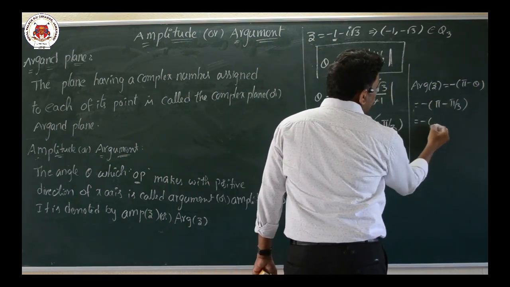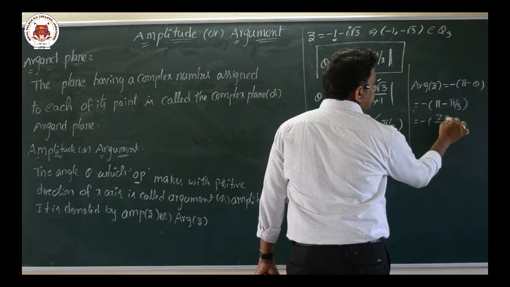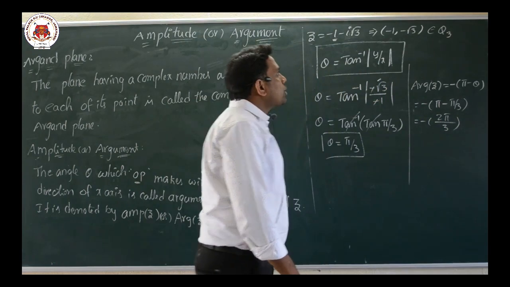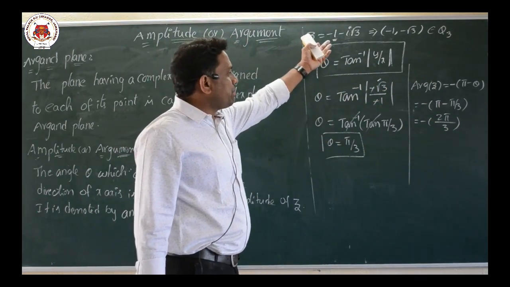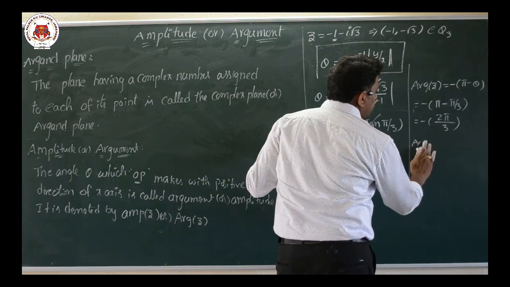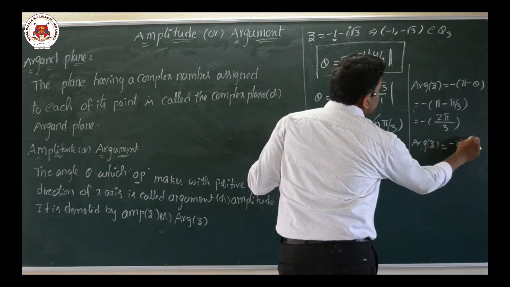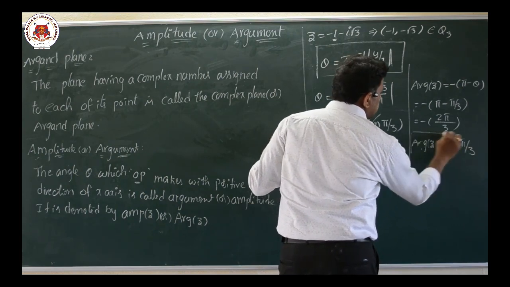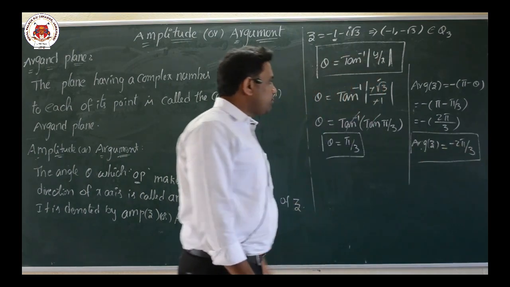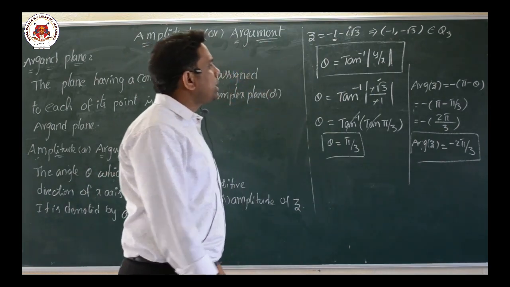Taking the LCM 3, 3 pi minus pi is 2 pi. So the argument of this complex number is minus 2 pi by 3. This is the method by which we find the values, children. So argument of z equals minus 2 pi by 3.